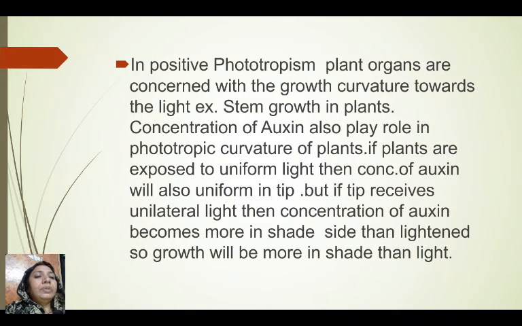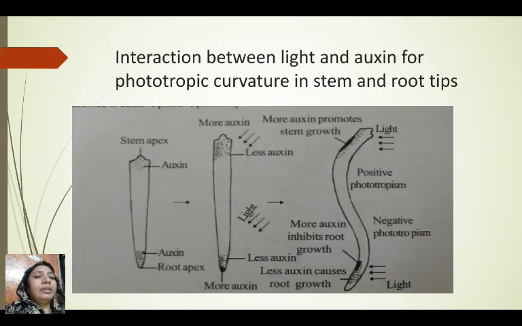So the growth will be more in the shade than in the light. In this figure you can see the effect of light on the concentration of auxin, which results in the development of the curvature in the shoot as well as the root system.